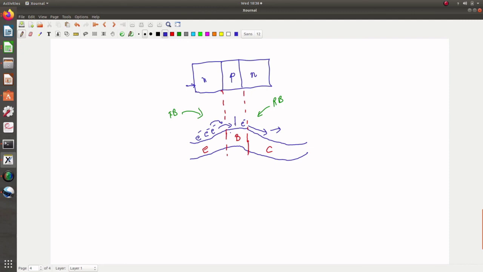We inject a base current to maintain the required objective, which is that the current flowing from emitter to collector does not depend on the potential applied between the emitter and collector, but depends on the current injected to the base.